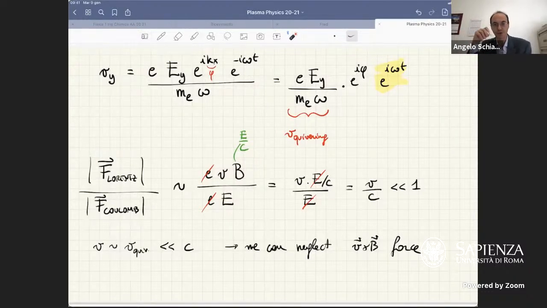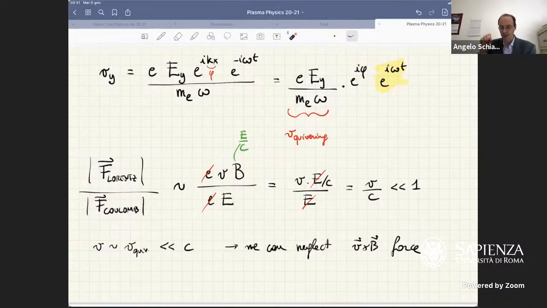And the motion is not that of a charge going up and down along the electric field, but a more complex motion that is called figure 8, like a figure number 8.